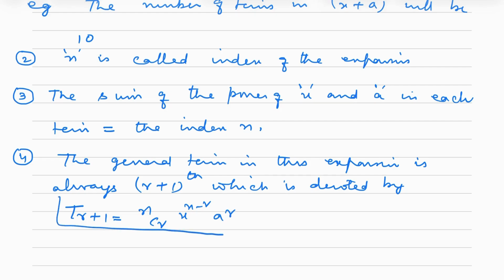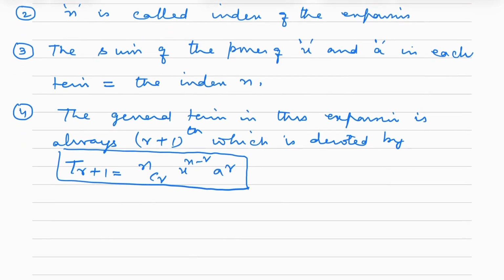Very, very important point. The general term of the expansion is always the (r+1)th term, denoted by T(r+1). It is equal to nCr x^(n-r) a^r.